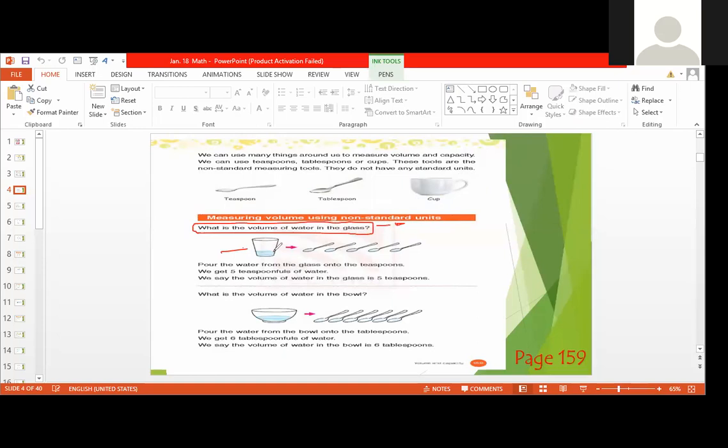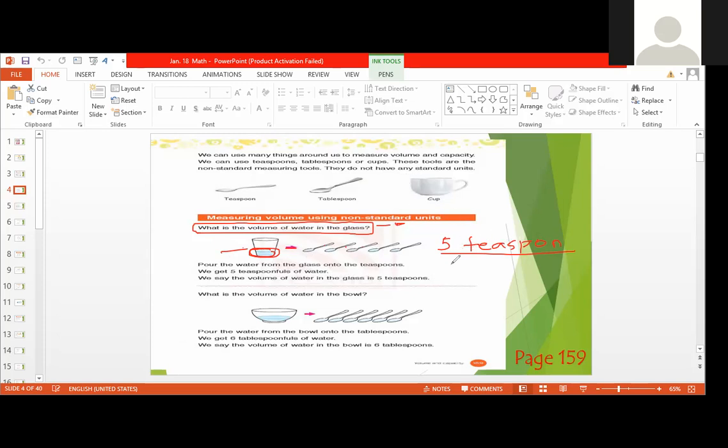The equivalent of this water is 1, 2, 3, 4, 5 teaspoons. Pour the water from the glass onto the teaspoons. We get 5 teaspoonfuls of water. We say the volume of water in the glass is 5 teaspoons.